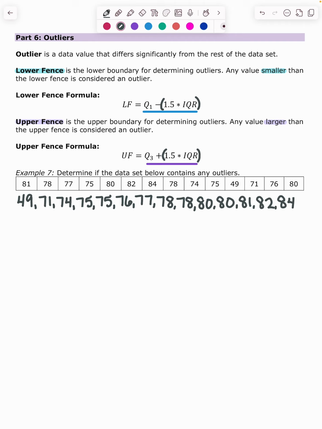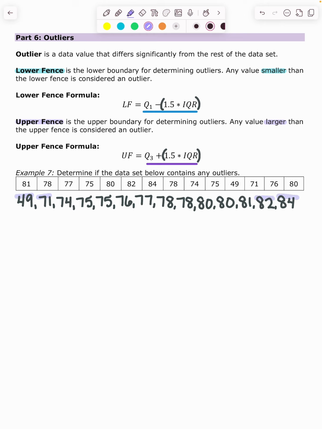1, 2, 3, 4, 5, 6, 7, 8, 9, 10, 11, 12, 13, 14 data values, and I started with 14. Perfect. We know that if we have an even number of data values, we'll end up with two in the middle. So I'm going to start crossing out one from each side.